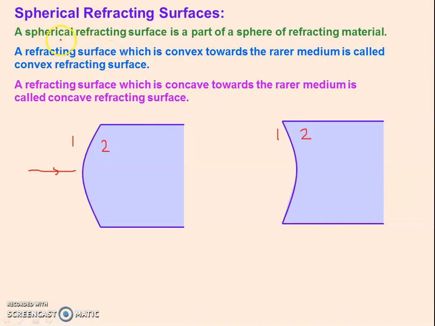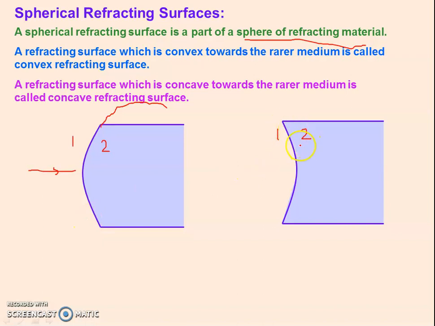So a spherical refracting surface is part of a sphere of refracting material. Now this is the refracting material, this is glass. When we draw the sphere, that will be the part of that sphere.